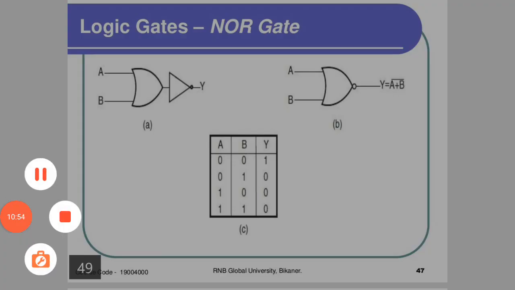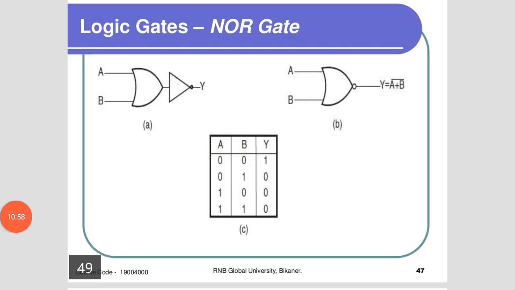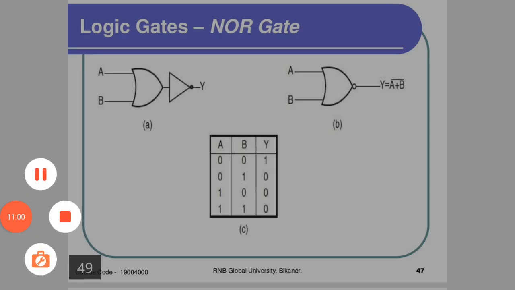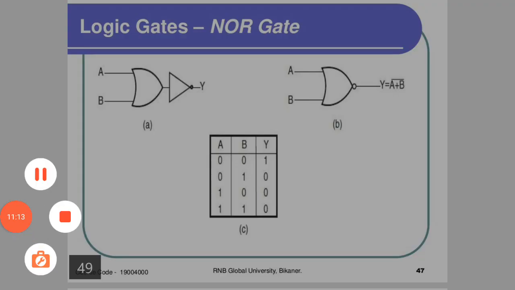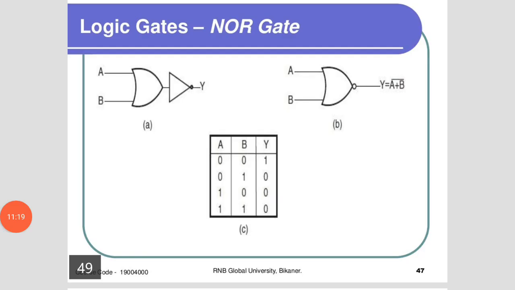When the input of the NOT gate is A, the output is A bar. After that we saw the NAND gate. When the inputs of the NAND gate are A and B, the output is A into B whole bar. And last we saw the NOR gate. When the inputs of the NOR gate are A and B, the output is A plus B whole bar.